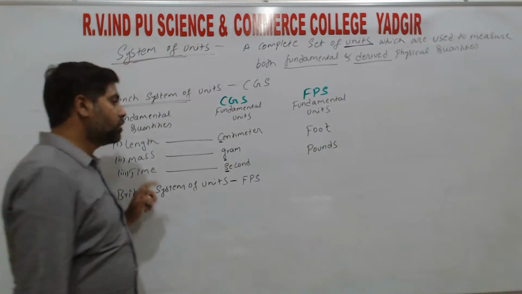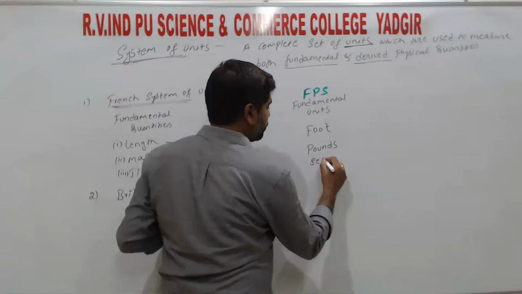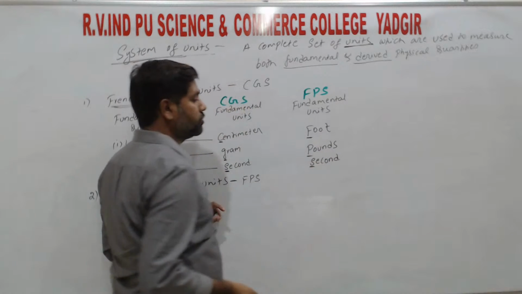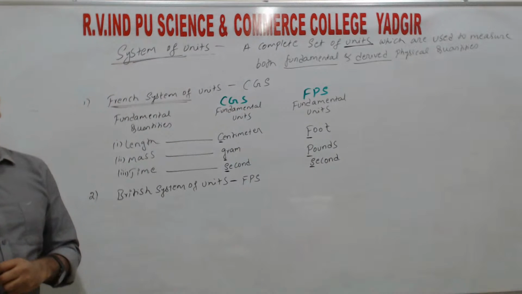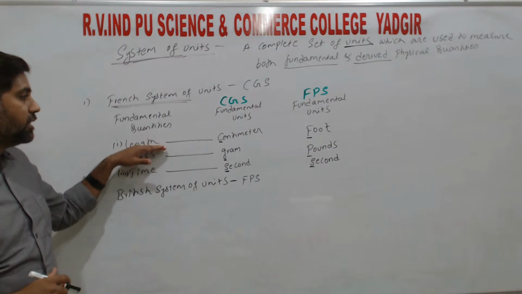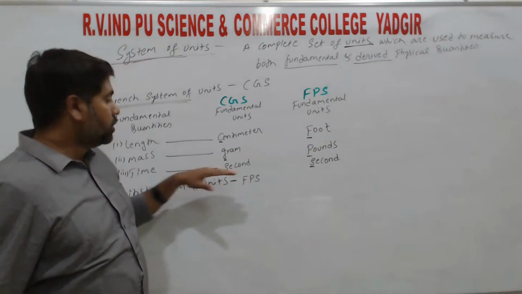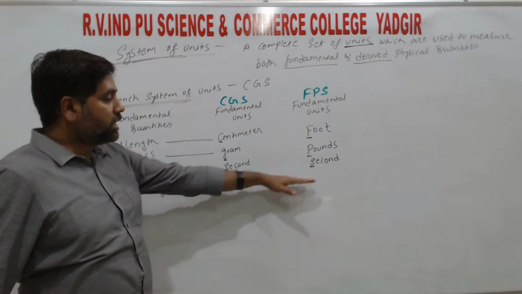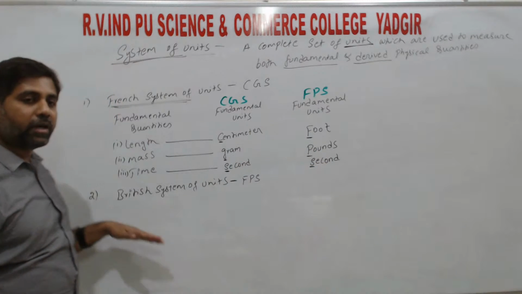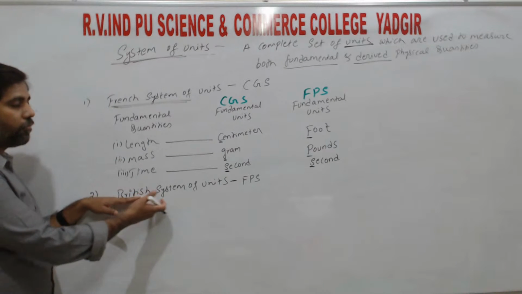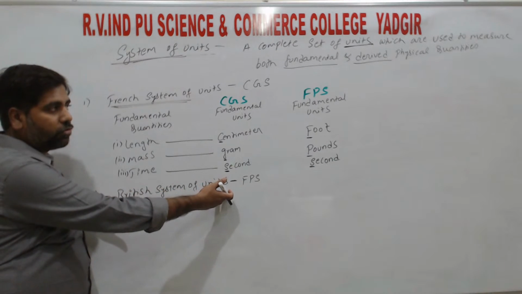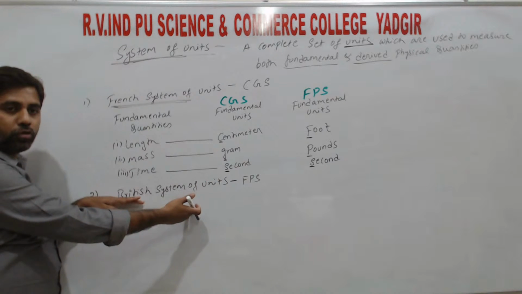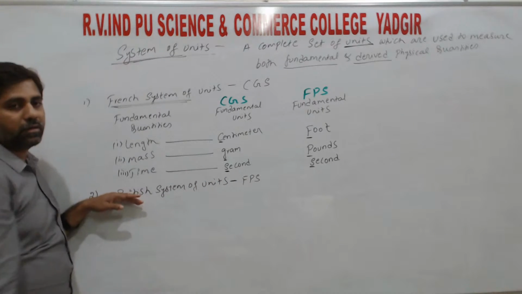And the time we measure in seconds. So that is FPS, right? So in the FPS system of units, length is measured in foot, mass in pounds and time in seconds, right? Again you need to write the fundamental units in the FPS system: length, mass, time, so foot, pound, second, right?